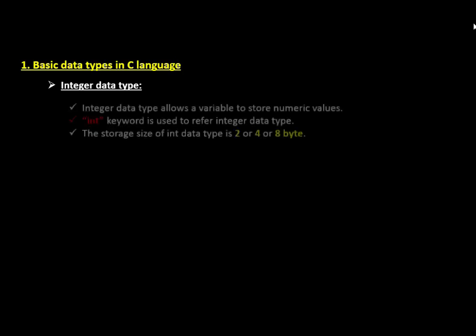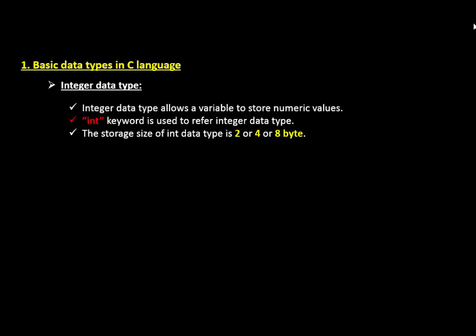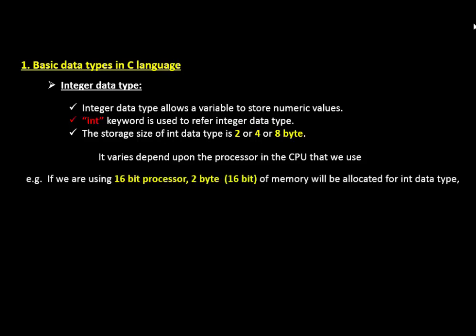First are the basic data types in C language. Integer data type. The integer data type allows a variable to store numeric values. The keyword used to refer to the integer data type is int. The storage size of the integer data type is 2, 4 or 8 bytes. It varies depending upon the processor in the CPU that we use.